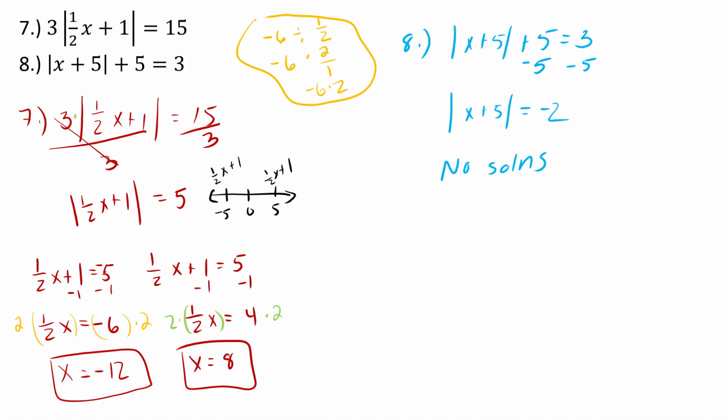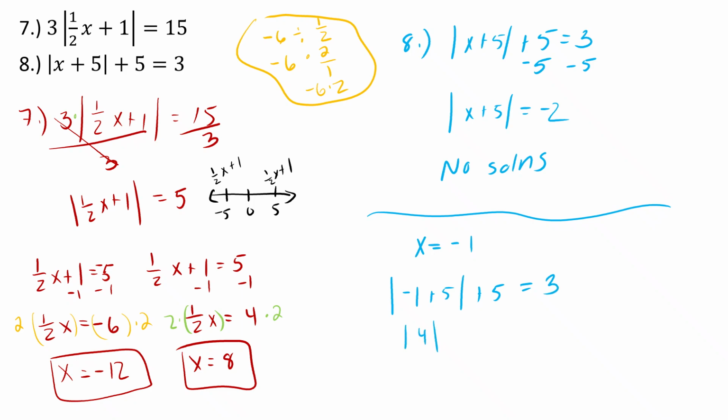And if you start plugging in some numbers, just for funsies, pick a random number. So let's say I'm going to pick x is equal to -1. And so you plug in -1 plus 5, absolute value of -1 plus 5. What is -1 plus 5? It's 4. And then the absolute value of 4, and we end up with 9 equals 3, which is clearly not true.